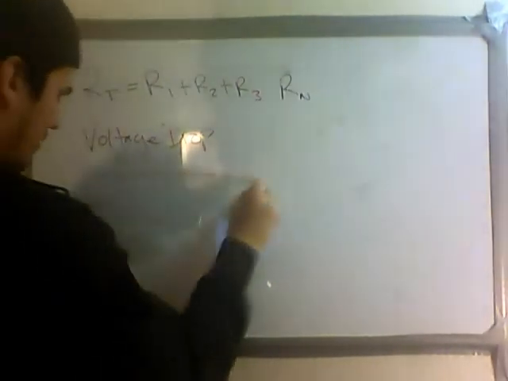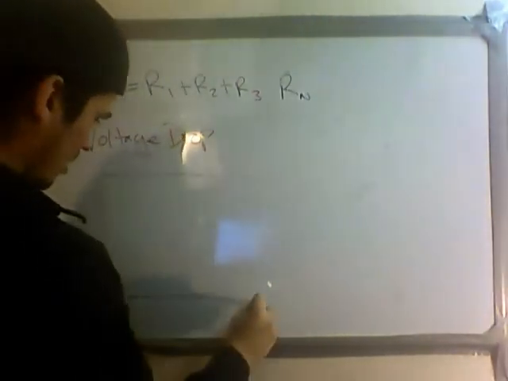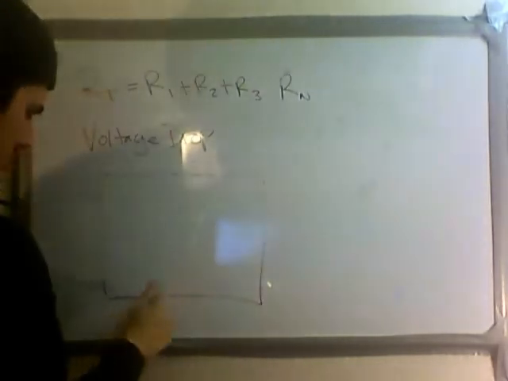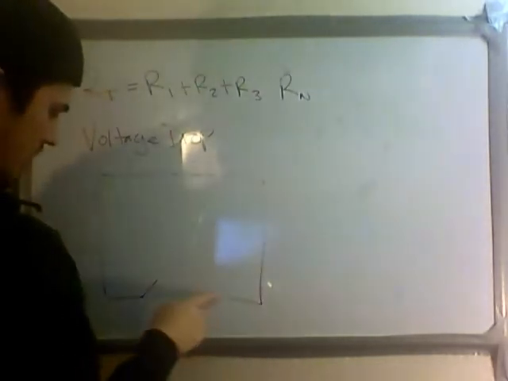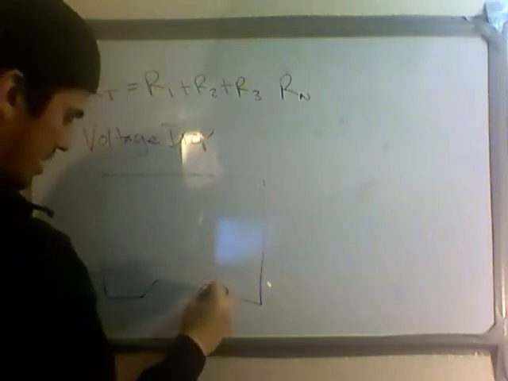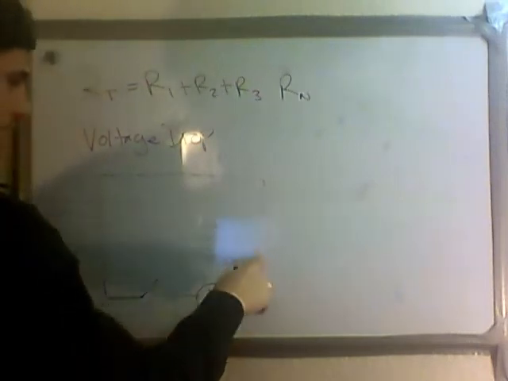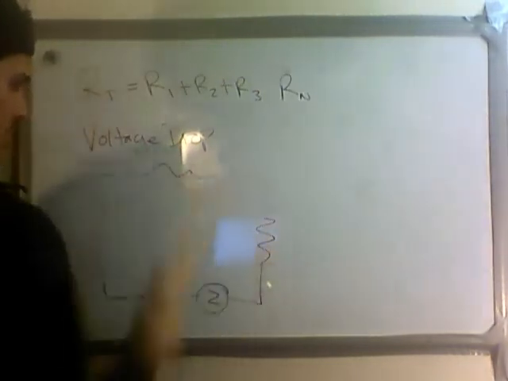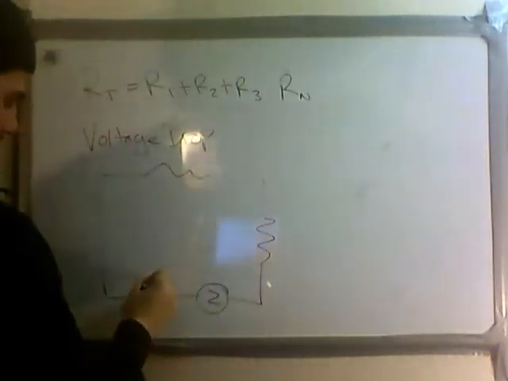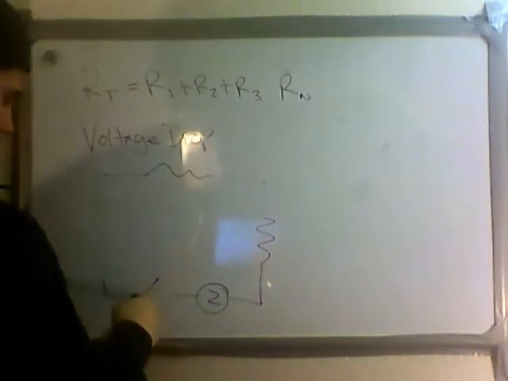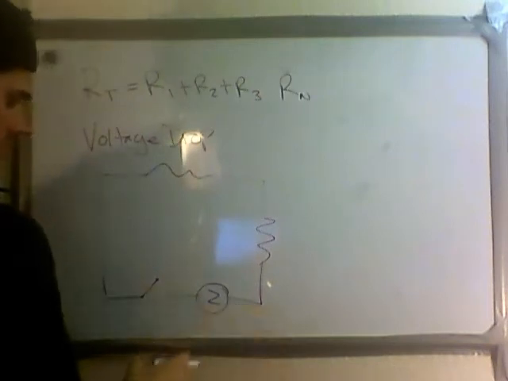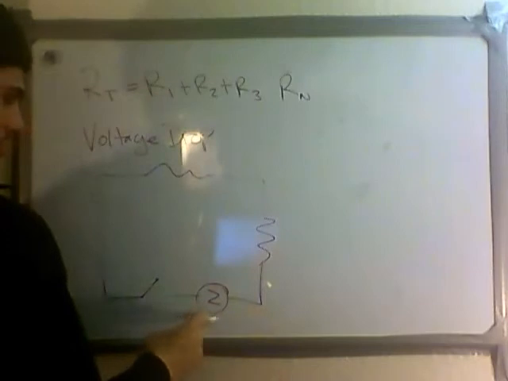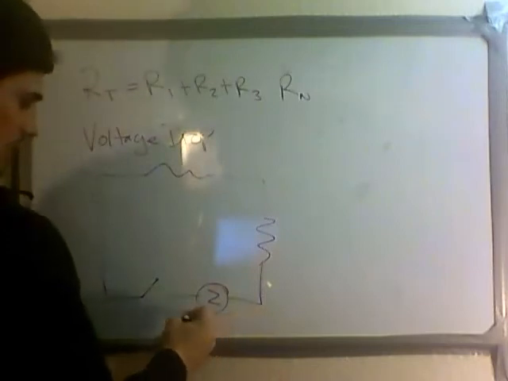So for example, I'm going to draw a circuit here. Here's my switch right here. Here's my power supply. Well, if I had a load coming off here and a load coming off here, I guess I could put the switch over here, but it doesn't matter.